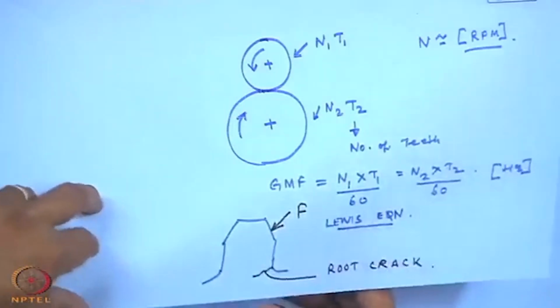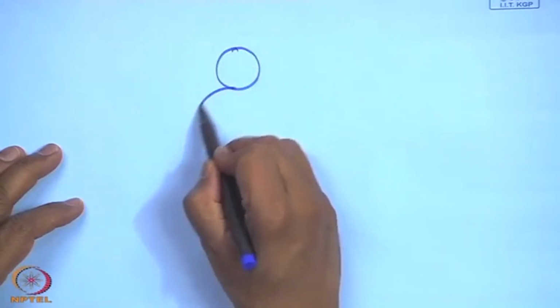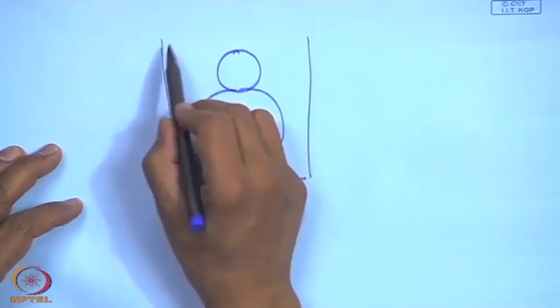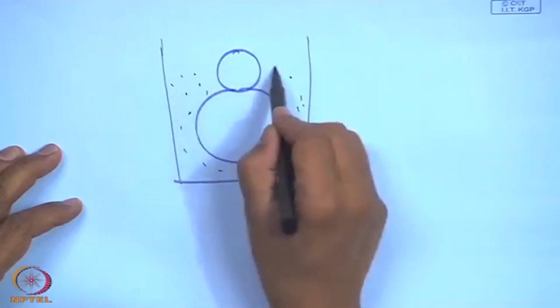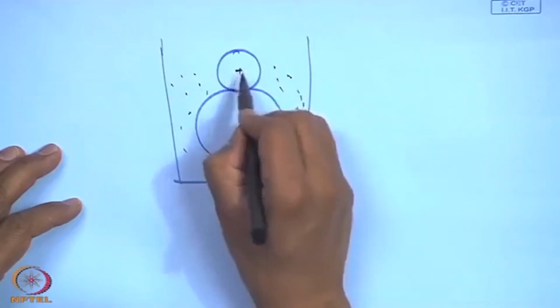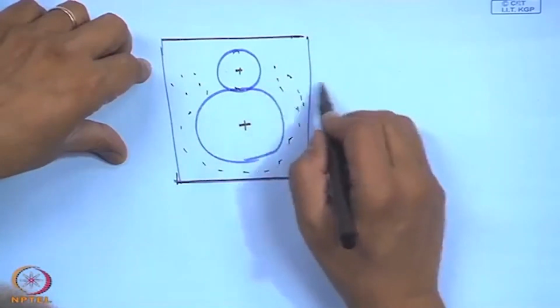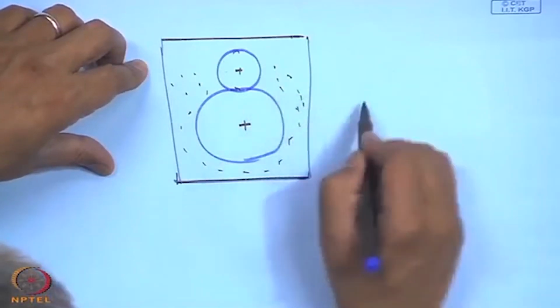And another thing is, on this gearbox we will be having what is known as the fluctuating speed and torsional vibration. Lack of lubrication, if the particles are not lubricated and the heat is not being taken away by the lubricant, there will be a lot of heat generation, and many times there is a minimum oil level which has to be maintained.